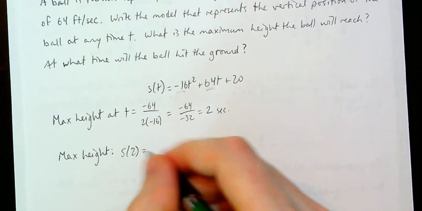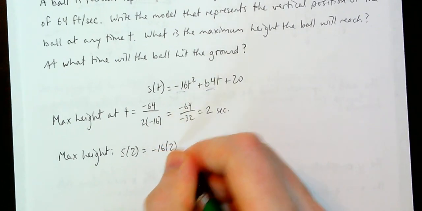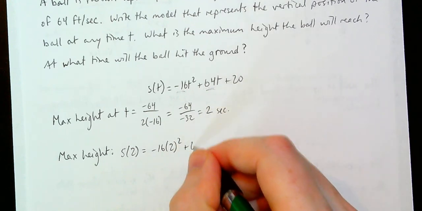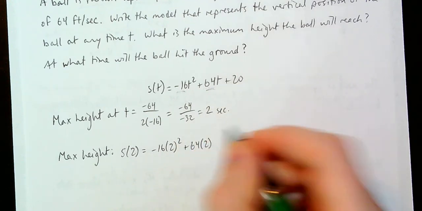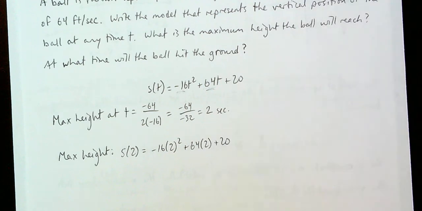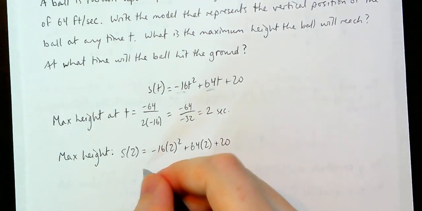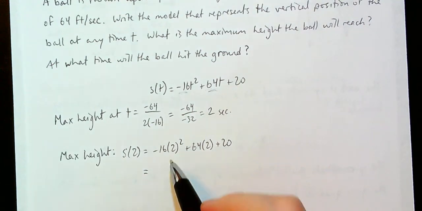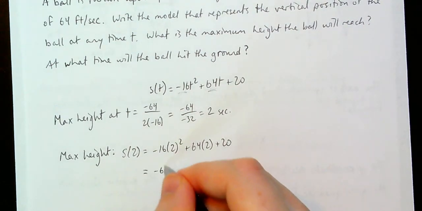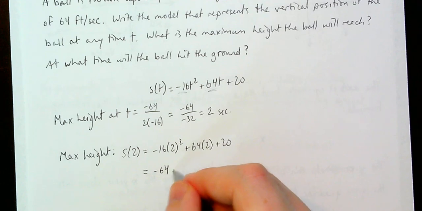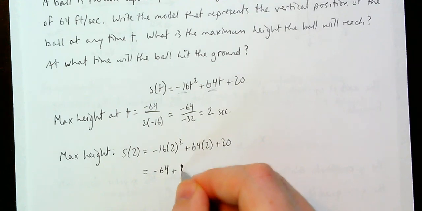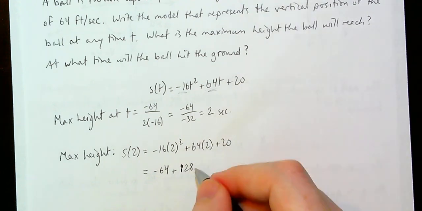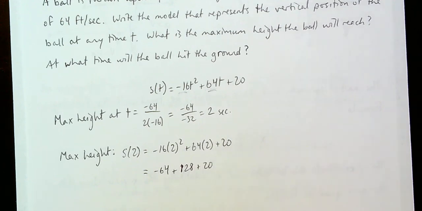S of 2 equals minus 16 times 2 squared plus 64 times 2 plus 20. 2 squared is 4, times minus 16 is minus 64, plus 64 times 2, 128, plus 20.